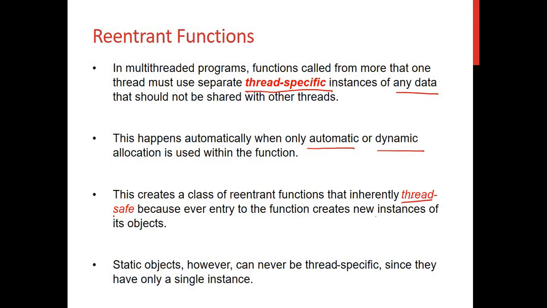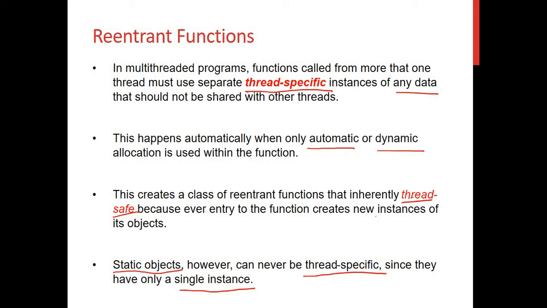The danger comes if I try to use any static or global variables, because if they are static or global, then they are not thread specific, they are always persistent. They have a single instance, so I must be careful not to use static or global variables if the function is going to be shared between multiple tasks.